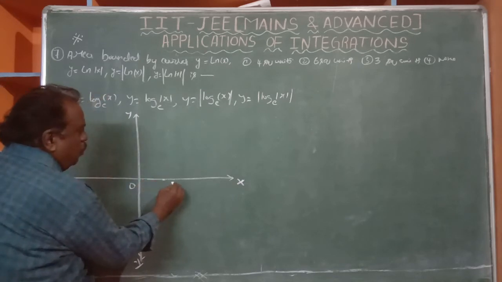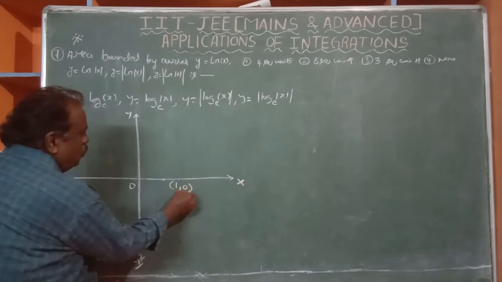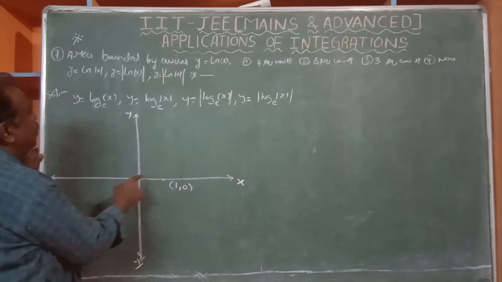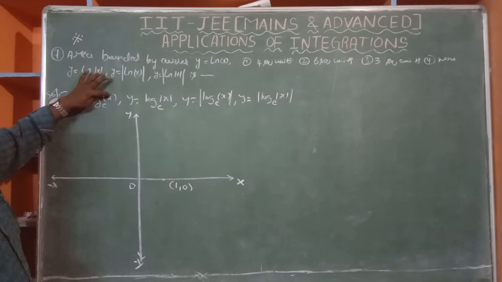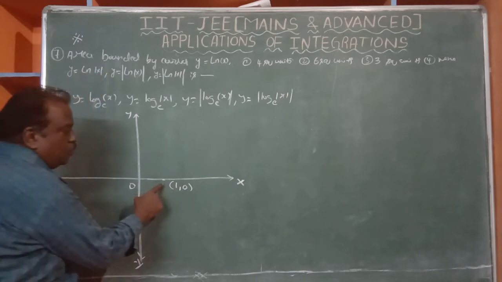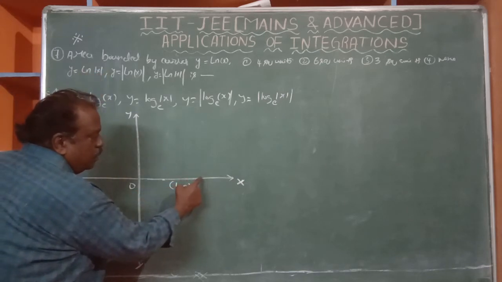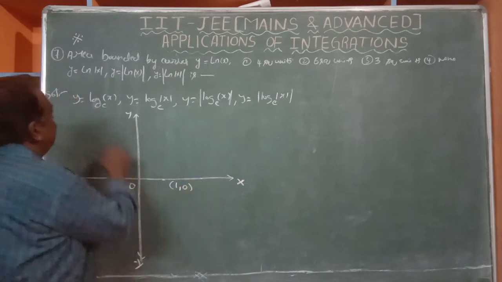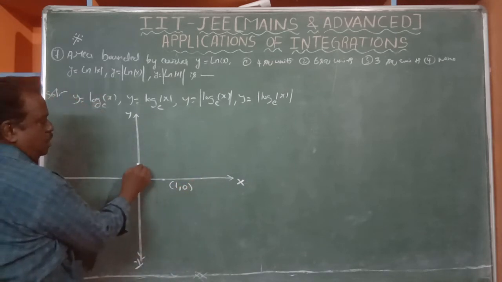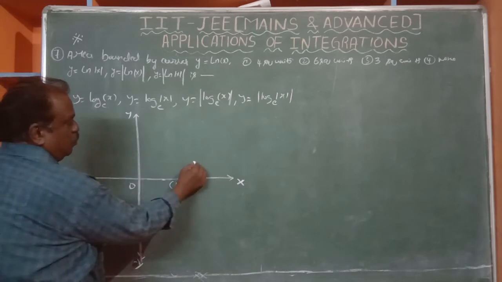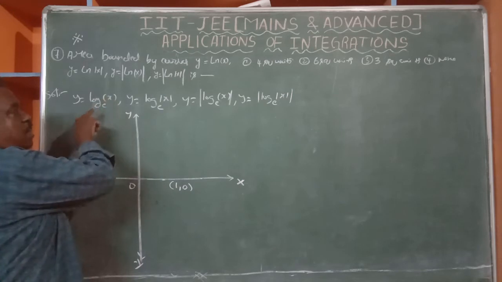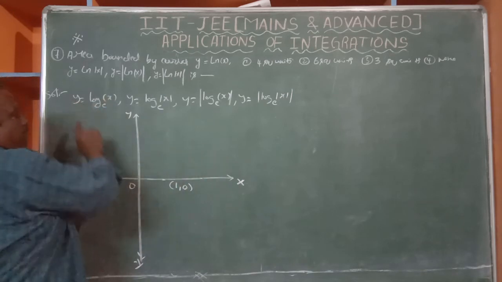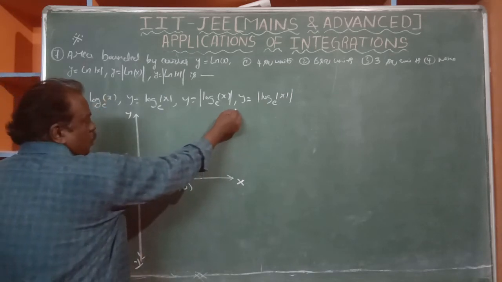So when x is equal to 1, y is 0. When x is equal to e, that is 2.7, then y is equal to 1, so it is upside, positive, like this. The curve is going along, and as the log x value increases, the y value goes on increasing. So it is like this.